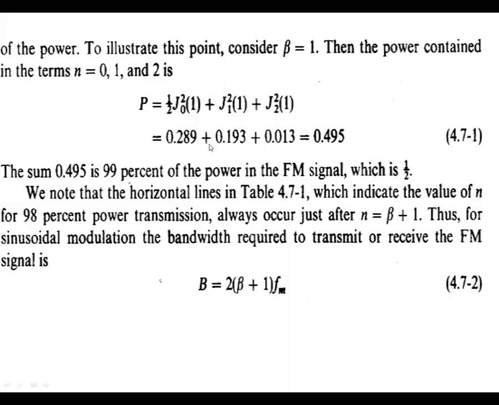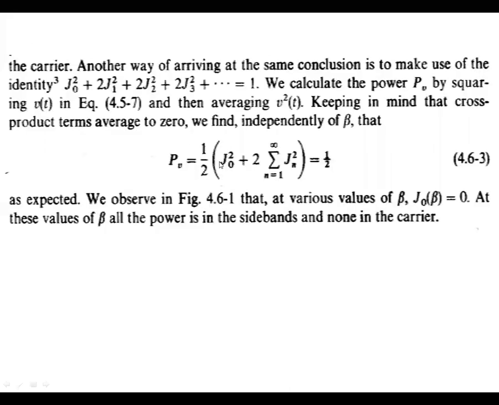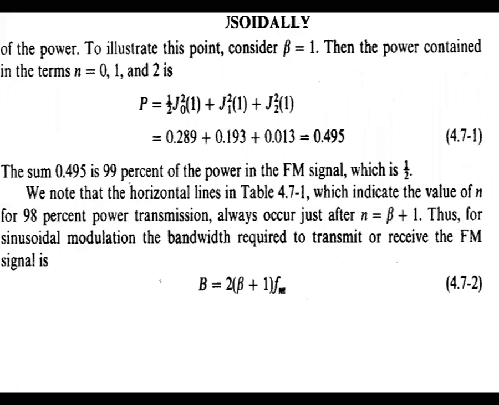You can substitute beta is equal to 1. So now wherever the beta, that is equal to 1. Now there are 3 terms considered. One is n is equal to 0, n is equal to 1, n is equal to 2. So n is equal to 0.